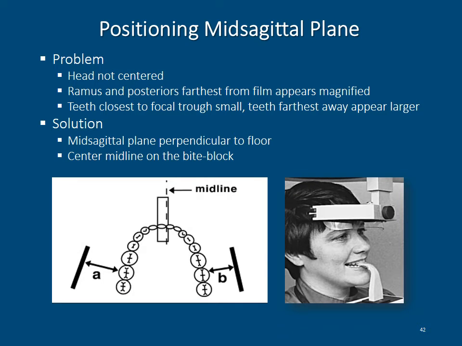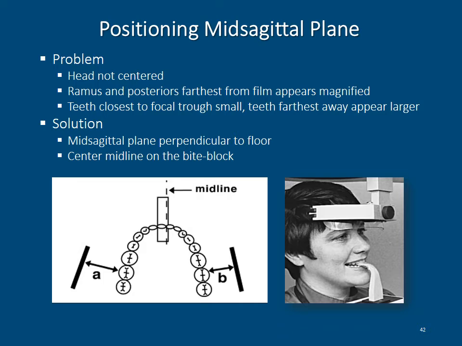Let's take a look at changes in the image when we are out of position with our mid-sagittal plane. This is that the head is not centered or straight. If the head is tilted to one side or the other, it will skew the images as far as how the teeth will appear on the radiograph.